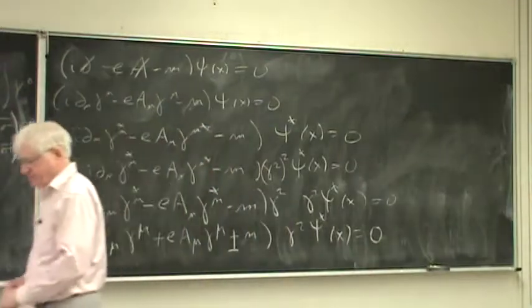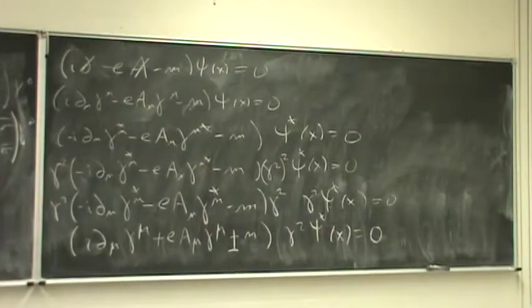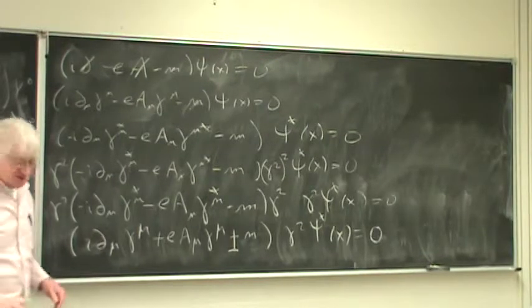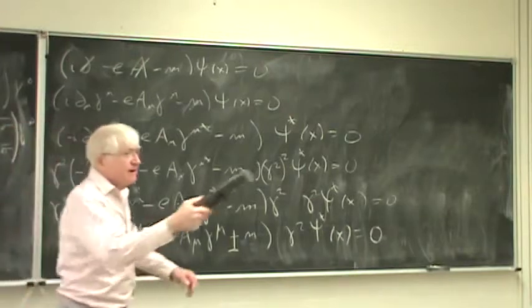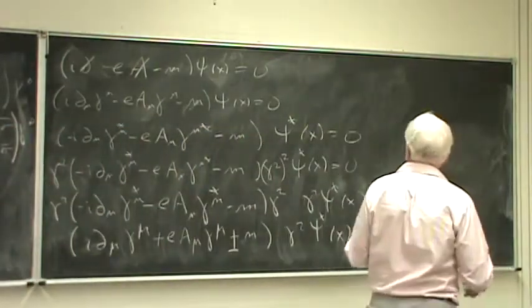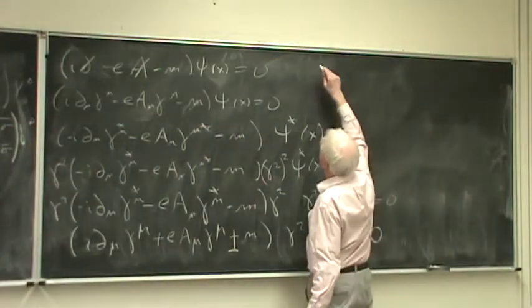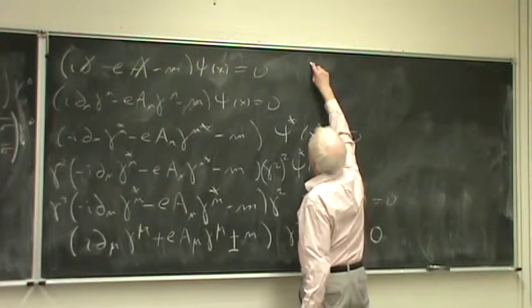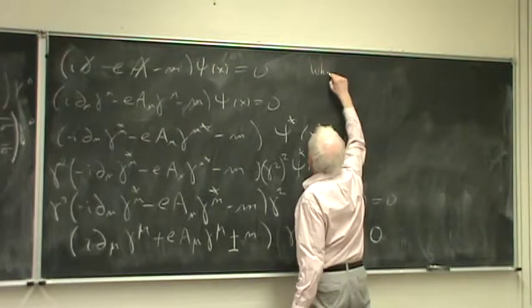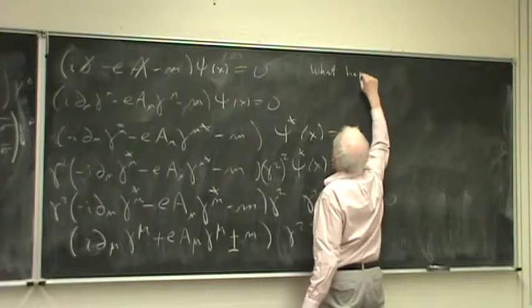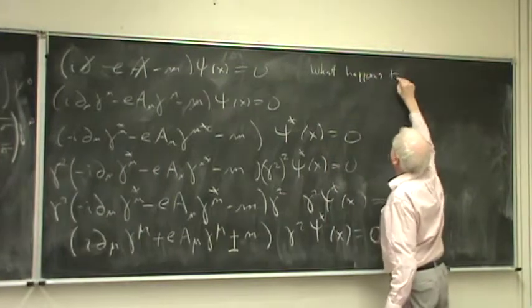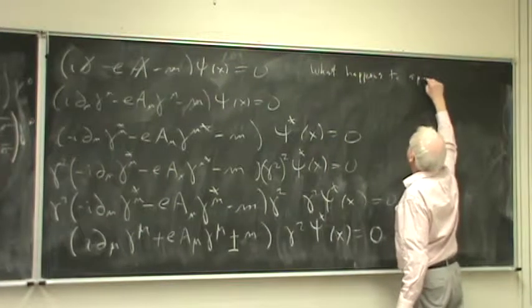And so that's what we call charge conjugation. Now let's see explicitly what's going on by going over here. So what happens to the spins, etc.